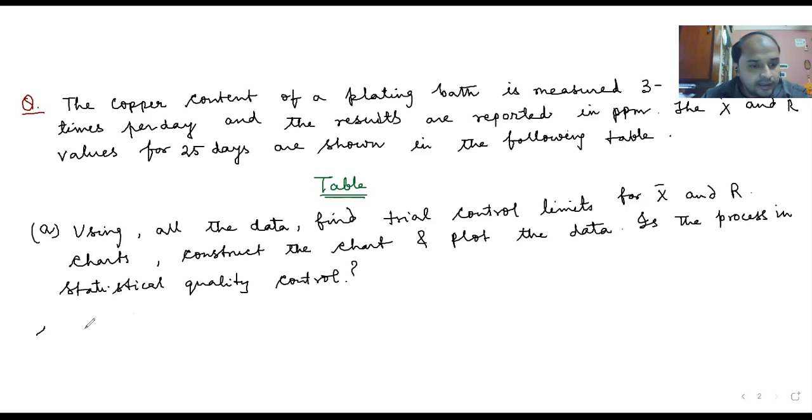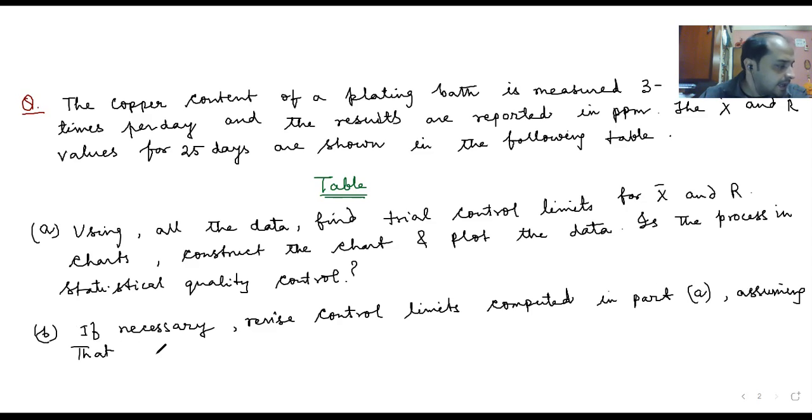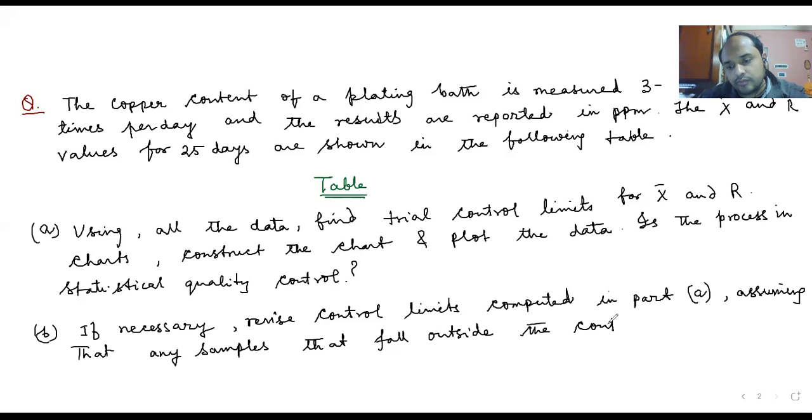And number B, if necessary, revise control limits computed in part A, assuming that any samples that fall outside the control limits can be eliminated.